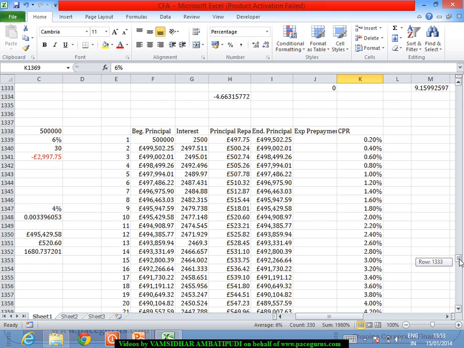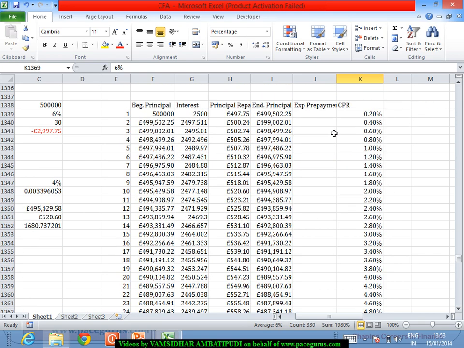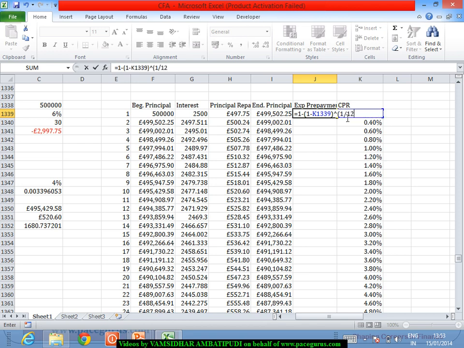Now what I can do is compute the SMM. I will take the SMM as 1 minus (1 minus CPR) to the power 1 by 12.